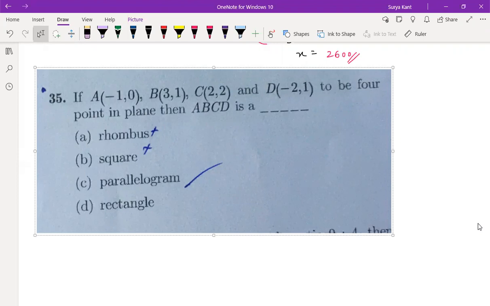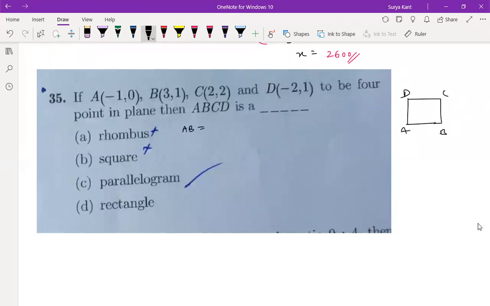They should find AB, BC, right? A, B, C, D. So you can find AB. What is AB coming? AB is nothing but 4 square plus 1 square, root 17, right?